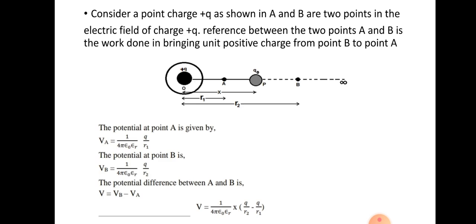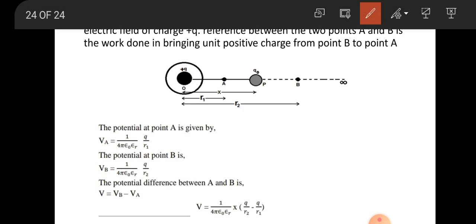A and B are the two points in the electric field of charge plus q. The potential difference between the two points A and B is the work done in bringing a unit positive charge from point B to point A. So here from the diagram itself you can understand, like in the previous diagram also we have discussed, there is a charge producing an electric field, which is plus q.